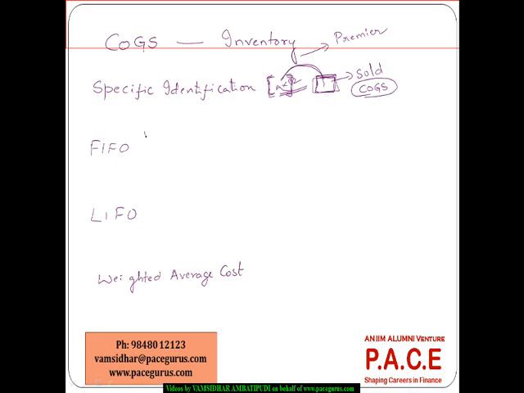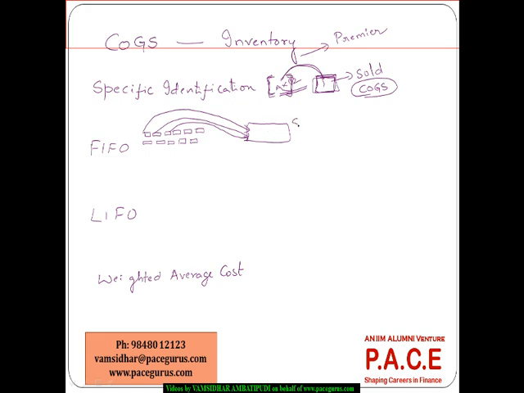Whereas in some cases what could happen is all the raw materials are identical. All these goods have been purchased at different points in time and they have gone into the production. In general, the one that is earliest purchased, if there is no specific identification to any one of them, it could very much happen that the one that is procured earliest goes into the production first, and those goods get sold first.